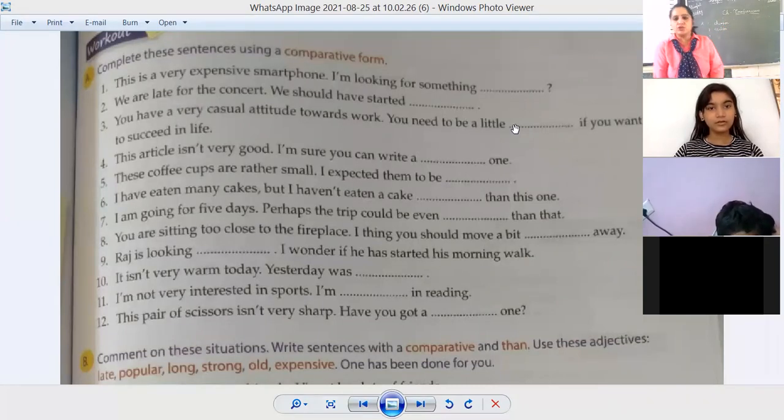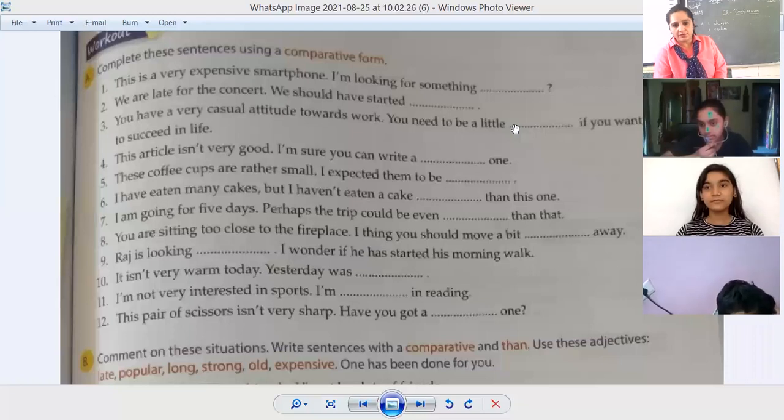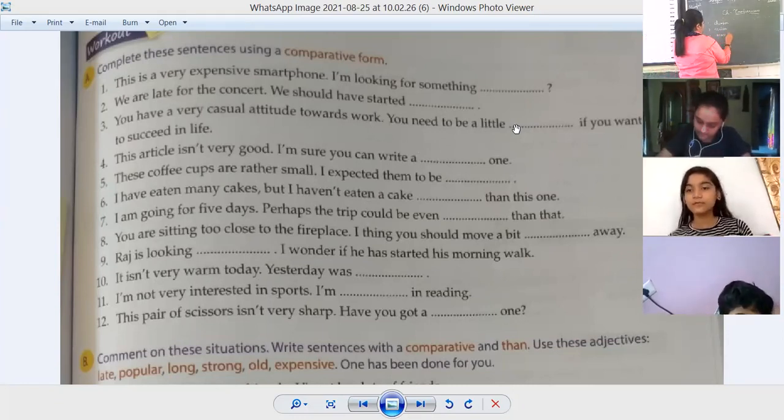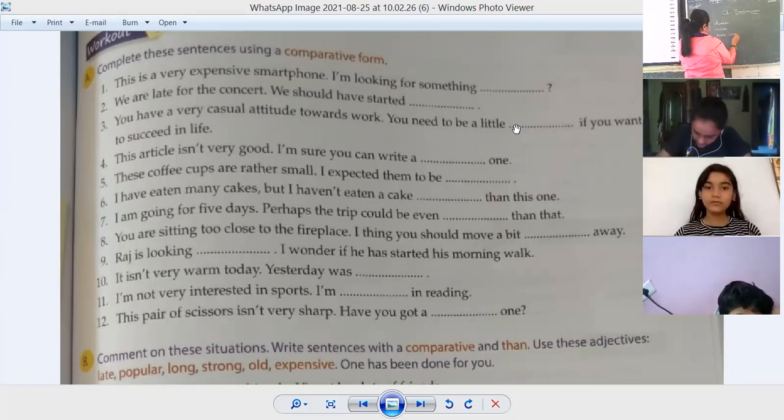You have a very casual attitude towards work. You need to be a little more careful, you can say. More conscious or more careful. You need to be more careful.